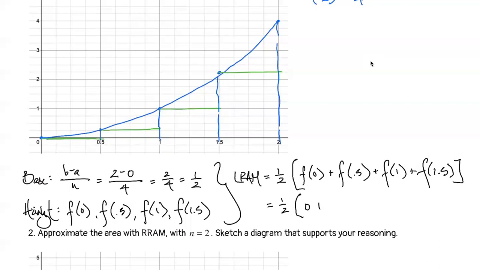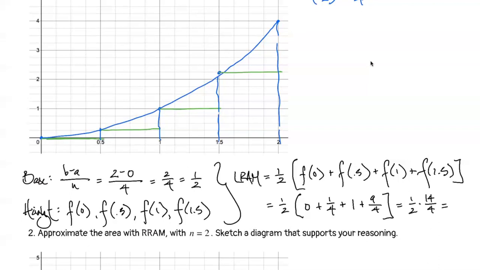Well, we get 0. f of 0.5 is 1/4. f of 1 is 1, and f of 1.5 is 9/4. So 9/4 plus 1/4 is 10/4, and then 14/4. So we have 1/2 times 14/4.